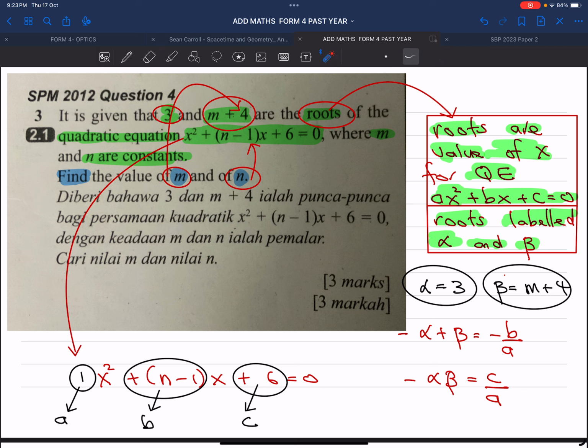Since we are given 3 and m plus 4 as the roots, I'm going to label the 3 as alpha and m plus 4 as beta. You can do it the other way around.